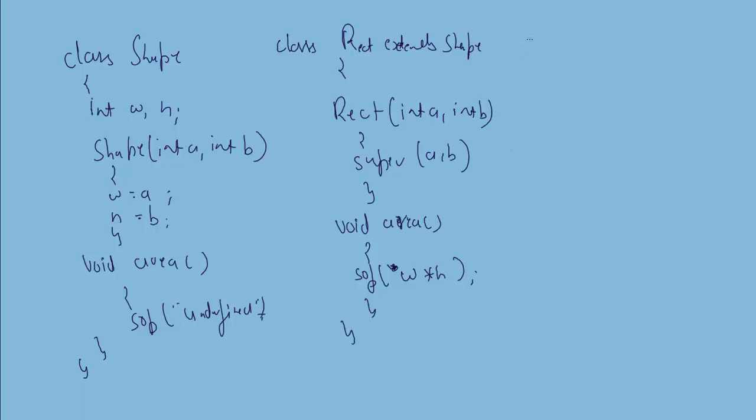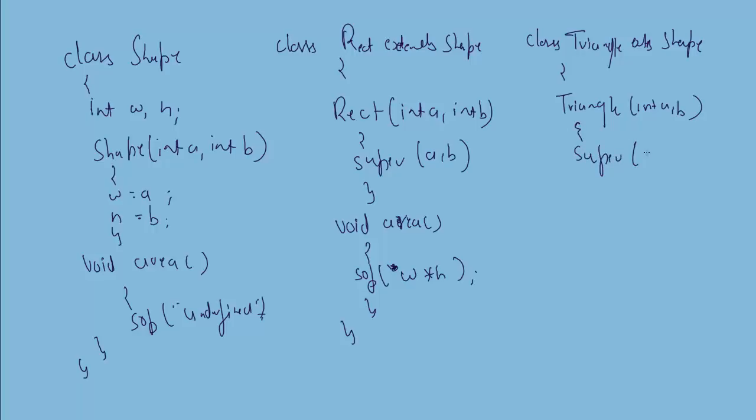So I have one more class. I need to calculate the area of the triangle. Extends shape, triangle, int A, comma B. Please take care of the syntax when you are doing this.